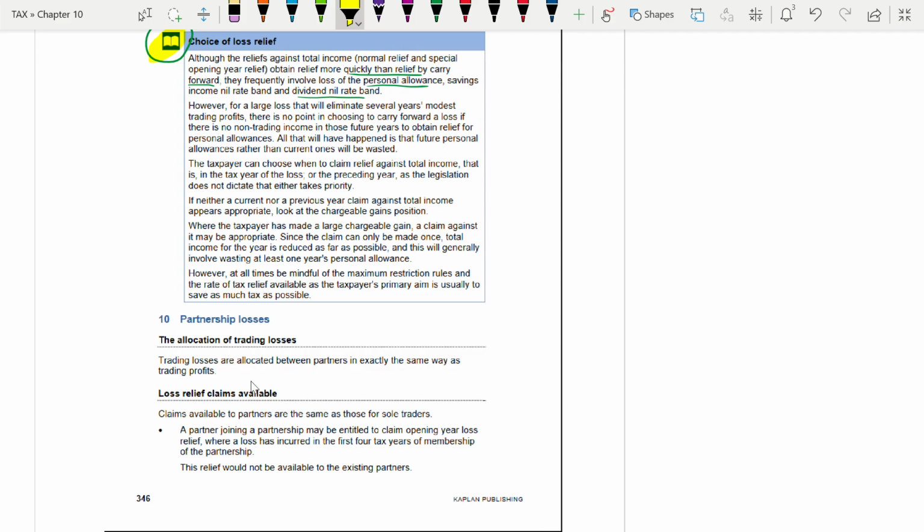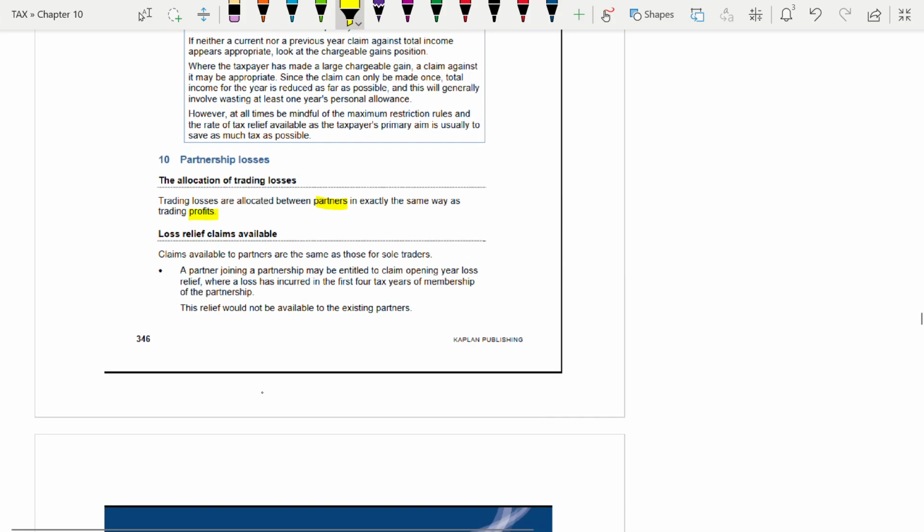What is the partnership? Trading losses are allocated between partners in exactly the same way as profits. Loss relief claims available to partners are the same as for sole traders. A partner joining a partnership can claim opening year loss relief for losses incurred in the first 4 tax years of membership.